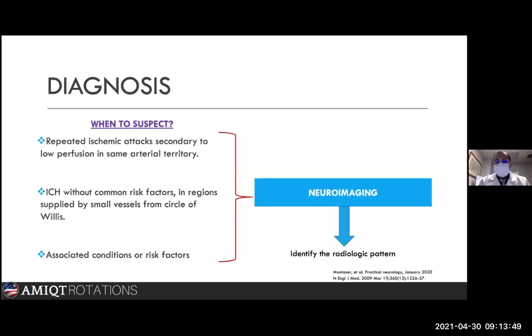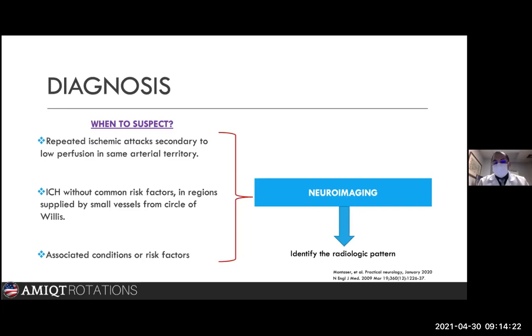So when should you suspect this condition? You should suspect it in patients who are presenting repeated ischemic attacks secondary to low perfusion, and they tend to be in the same arterial territories due to the obstructions that are happening. Also, you should suspect it when there are repeated hemorrhagic events without common risk factors in regions supplied by the small vessels derived from the circle of Willis.